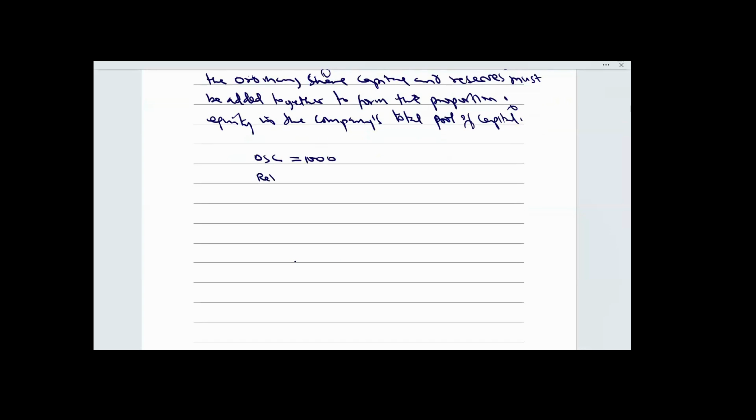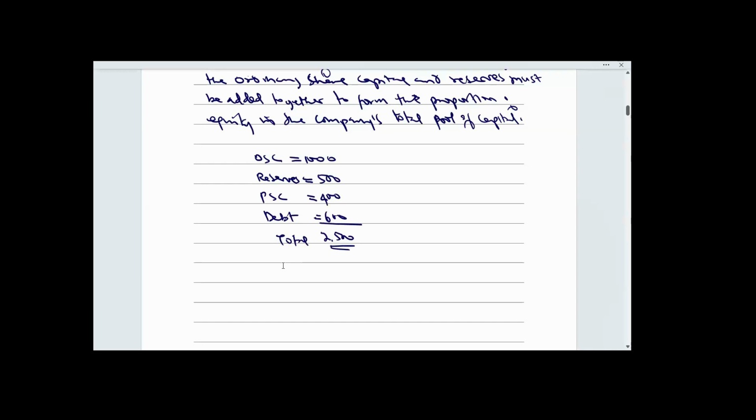You have reserves of 500. You have preference share capital of 400. Then you have debts of 600. So when you add everything together, this will give us like 2,500. This is the total.